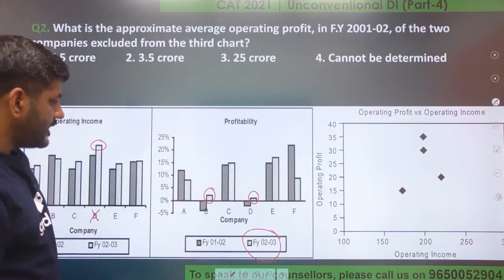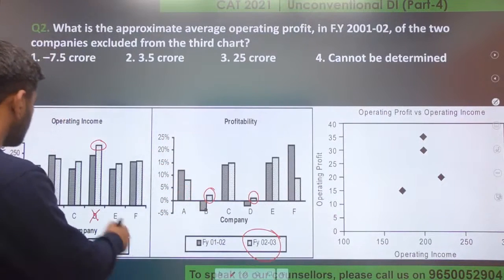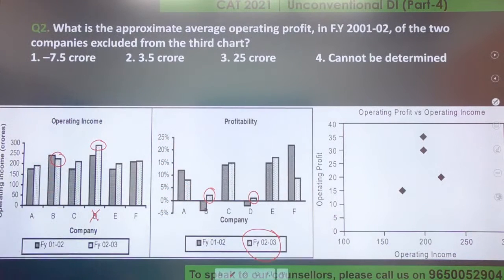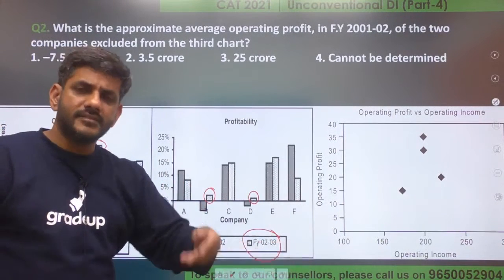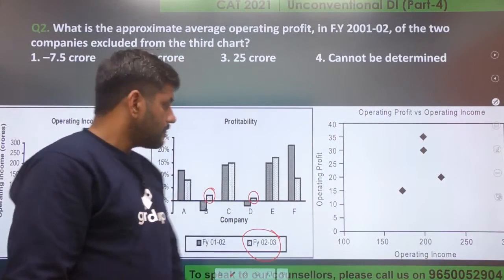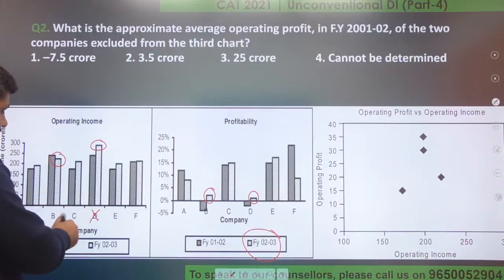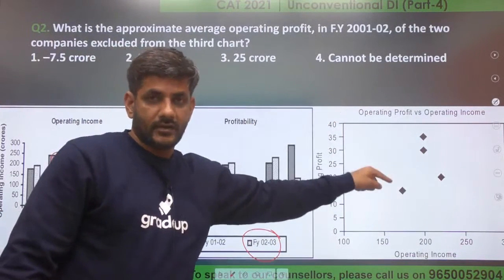Similarly, if I talk about B, their profitability is somewhere around 2.5%, right? 2.5% of what? This figure, which is approximately 225. 225 का 2.5% is also around 5, 6, something like that. There is no company with 5 and 6. That means B and D are the two companies which are not included in that chart.